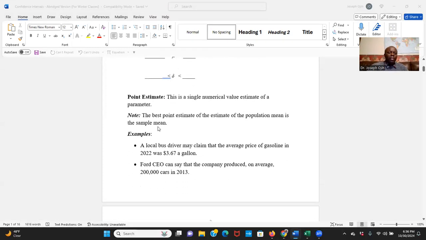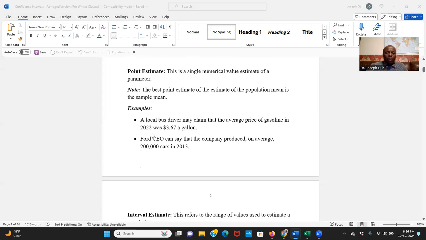Let's start with the point estimate. A point estimate refers to a single numerical value estimate of a population parameter. In statistics, the best point estimate of the population mean, for example, is the sample mean. I'll explain with more examples.